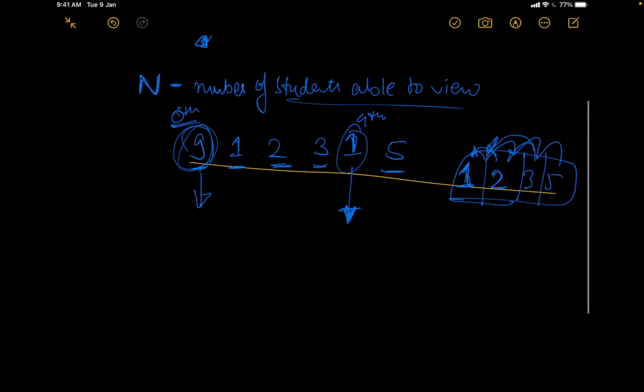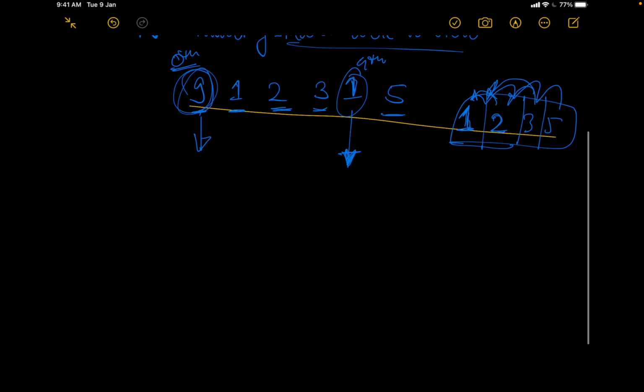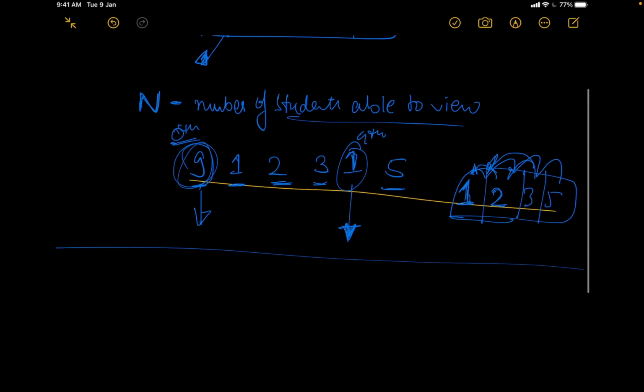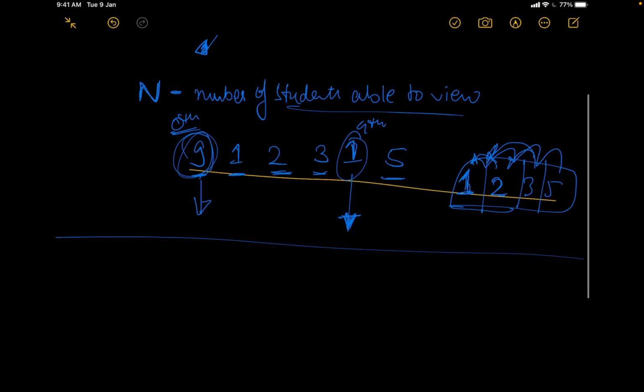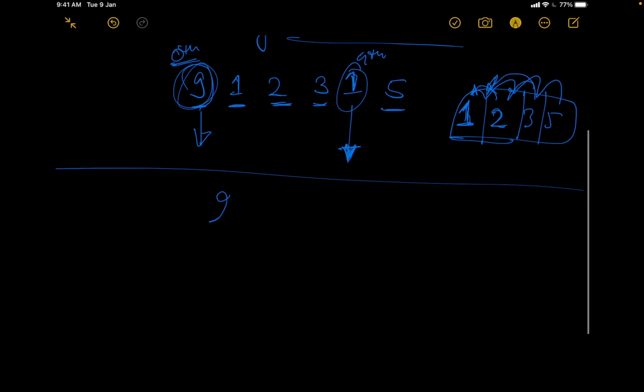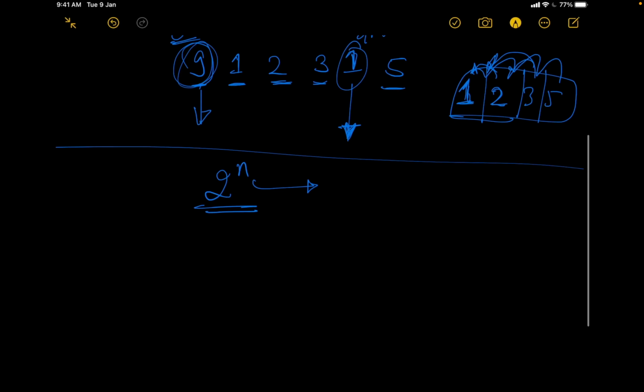So how would we calculate this? Since a brute force approach would be to select all the possibilities, the total number of possibilities would be to either keep a particular student in the queue or to remove them. So the total number of possibilities would become 2 to the power n, where n is the number of students. This is a pretty big number.